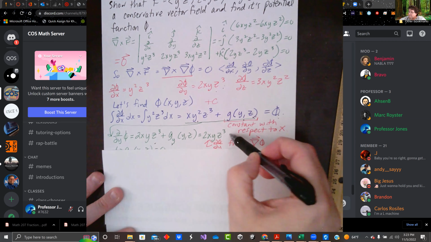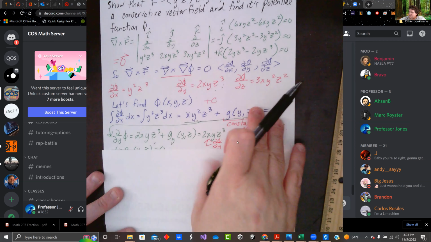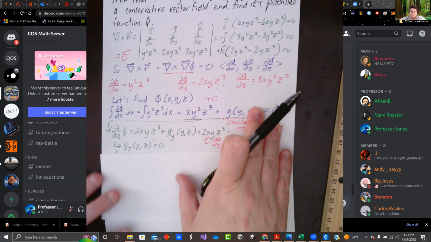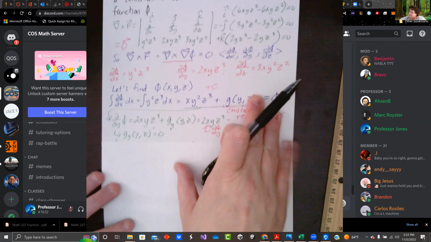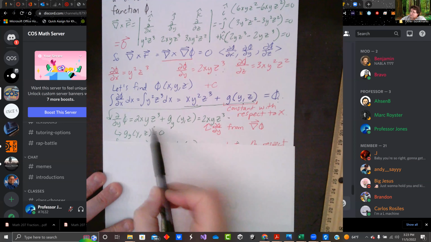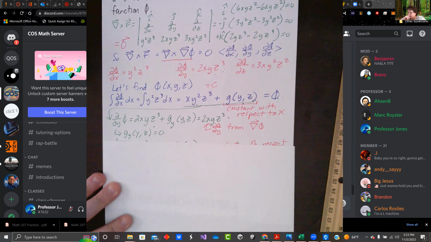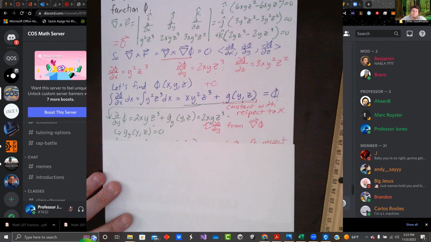And now I'm going to solve for the partial derivative of g. If I subtract 2xyz cubed from both sides, I get the partial derivative of g with respect to y is 0, which means it is not a function of y.